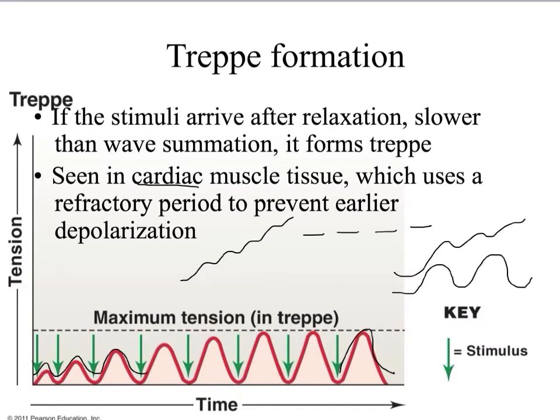The reason that's possible is because of what they call a plateau period during which calcium stays in the sarcoplasm instead of going back into the sarcoplasmic reticulum. So no matter how hard you try, you cannot stimulate a new contraction before the relaxation phase is completed.